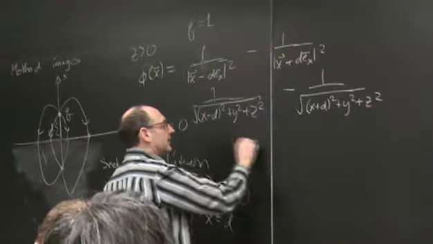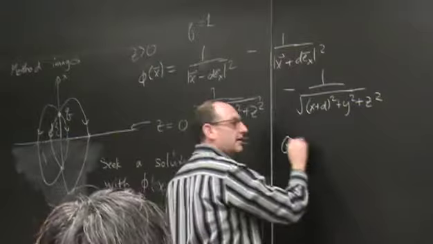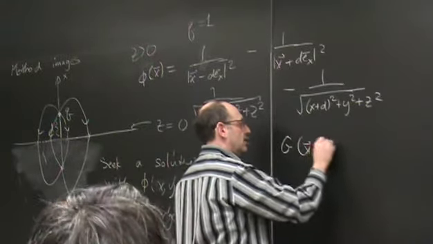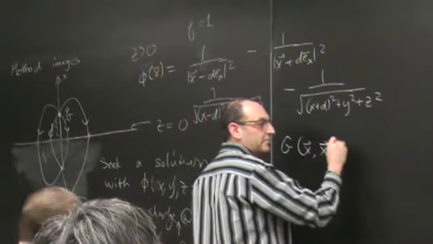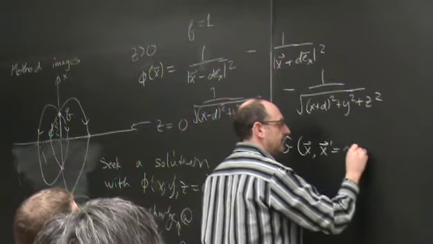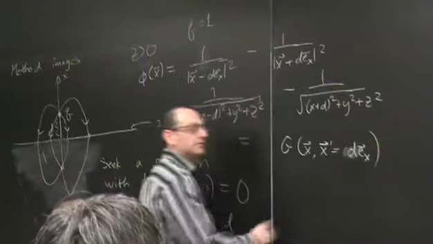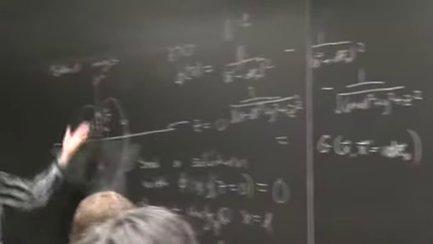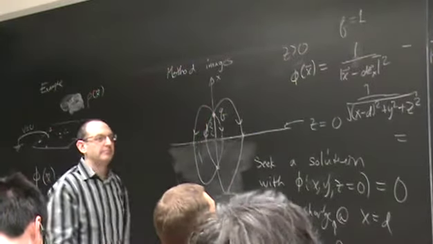And this is thus the Green's function for the point charge, in this case, at position d in the x direction. Now, if I want to write down the general Green's function, I would just make this an arbitrary point, x prime.